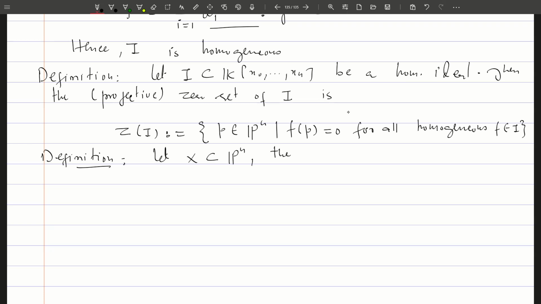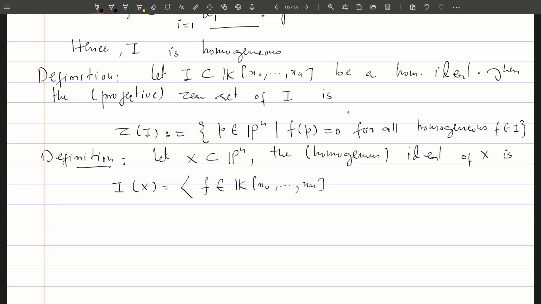The homogeneous ideal of X is by definition the set of all, I mean it is actually the ideal, so it is the set of all polynomials in the polynomial ring K in n plus 1 variables, all homogeneous, such that f of p is 0 for all p in X.